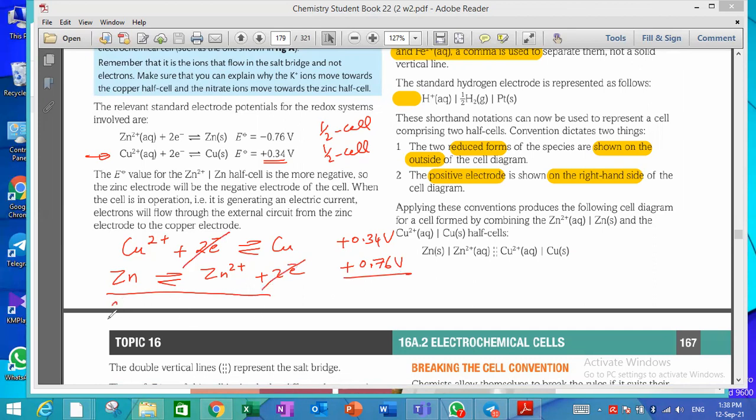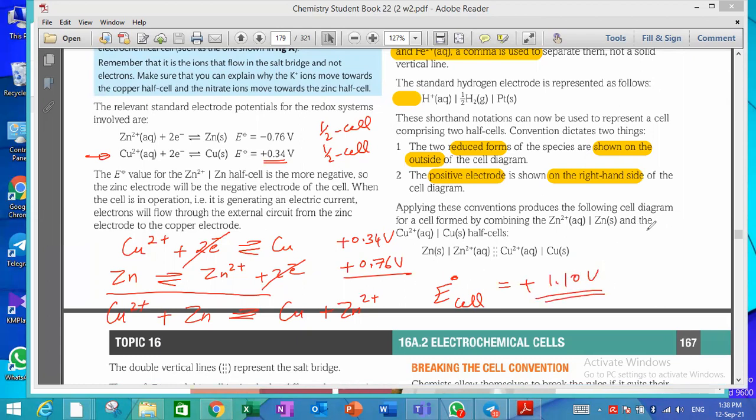And the total cell reaction will be copper ions plus zinc metal gives copper metal plus zinc ions. And if we add these two values together, we get the E naught cell, as I calculated before, to be equal to plus 1.1 volts.